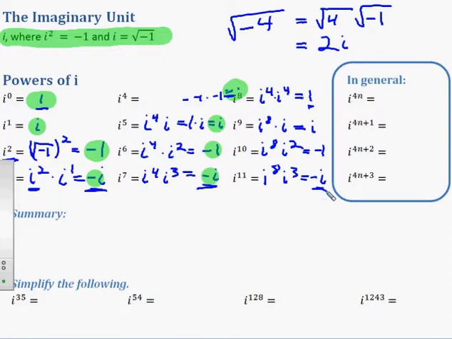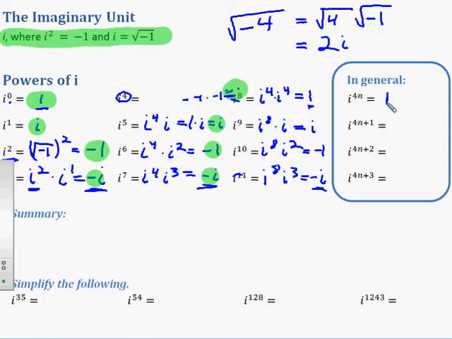So hopefully you see a pattern here. Anytime you have a multiple of 4, here we have 0, 4, 8, we could then have 12. Notice we have 11 down here. We could have I to the 12th, I to the 16th. Anytime it's a multiple of 4, this is just going to be equal to 1.